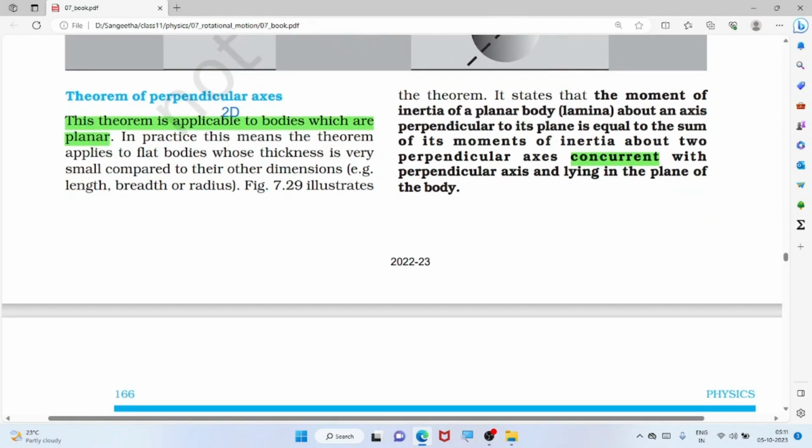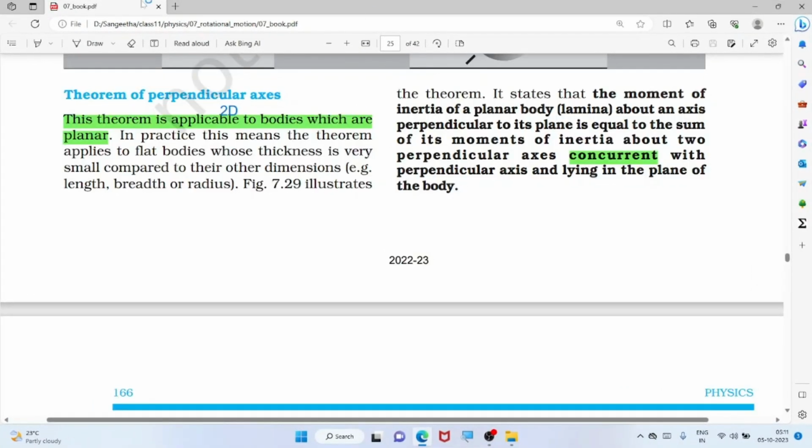Perpendicular axis theorem. This is applicable only for 2D shapes, which are planar. The moment of inertia of a planar body, lamina, about an axis perpendicular to the plane is equal to the sum of the moments of inertia about the two perpendicular axes, concurrent.